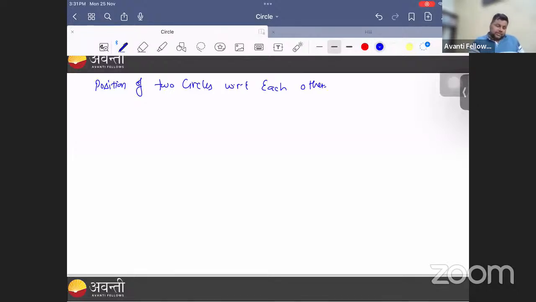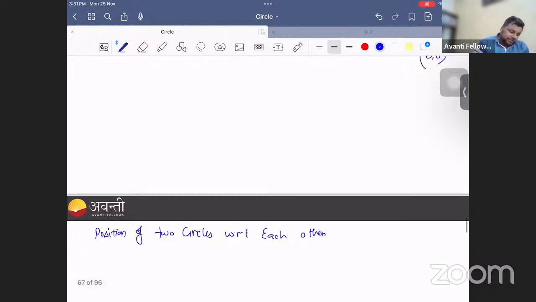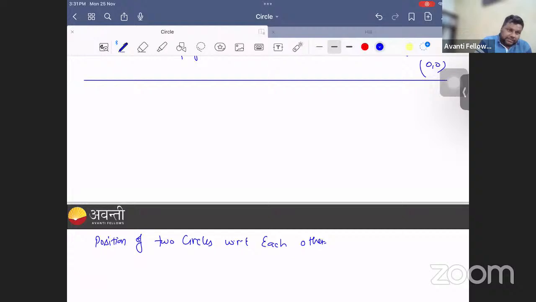Now see, first of all, let's understand two new terms: transverse common tangent and direct common tangent.